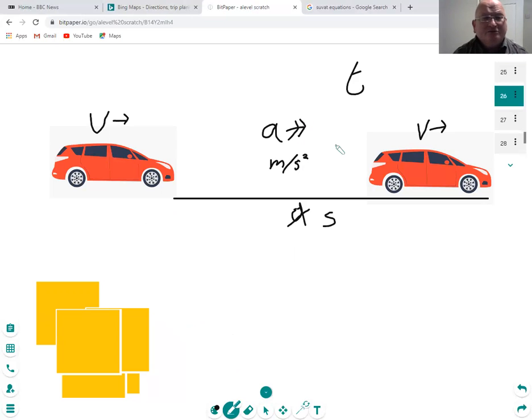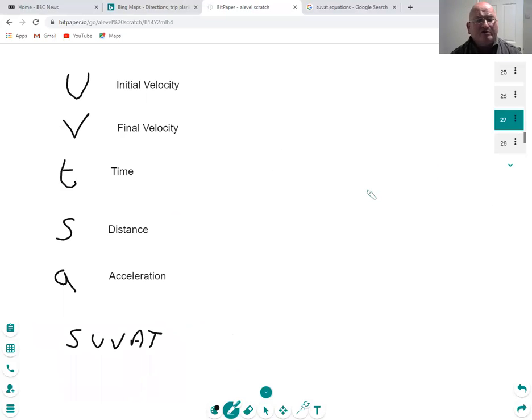That's where meters per second squared comes in. Okay, let's move on to the next screen, which is a summary of the five things we've been talking about: initial velocity, final velocity, time, distance, and acceleration, which has to be constant for the Suvat equations to hold.